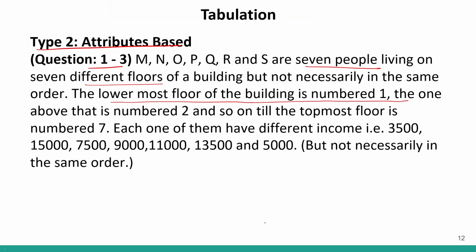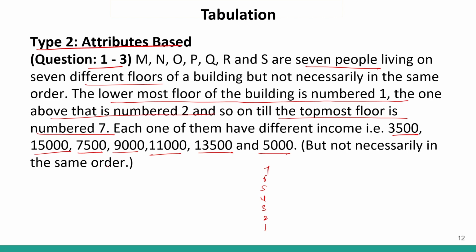So again the floors are numbered like this: 1, 2, 3, 4, 5, 6, 7. The one above that is numbered 2 and so on till the topmost floor is numbered 7. Another piece of information is that there are 7 people that have 7 different incomes: 3,500, 15,000, 7,500, 9,000, 11,000, 13,500 and 5,000, but not necessarily in the same order.